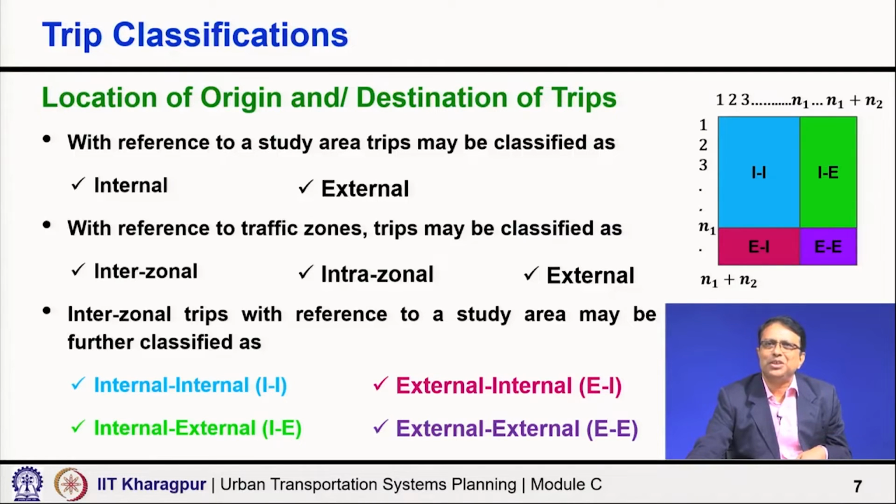The last bit of this representation is external-external. That means produced in one of these N2 external zones and attracted to one of these N2 external zones.